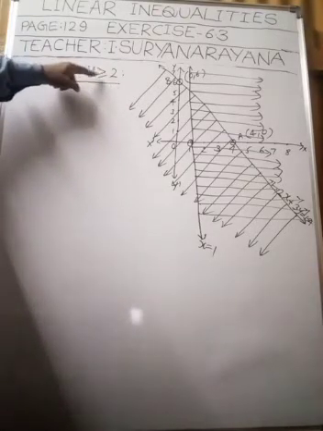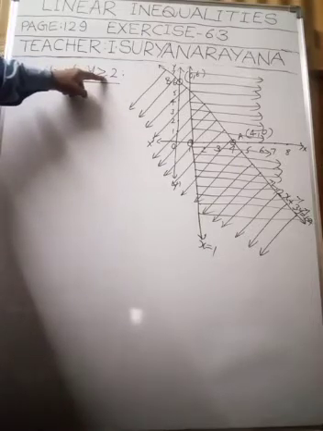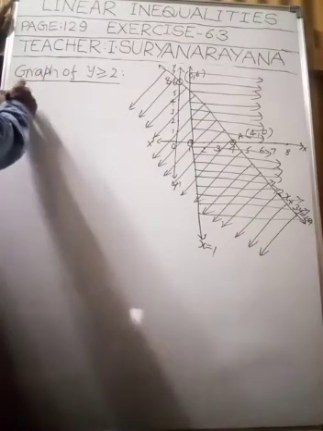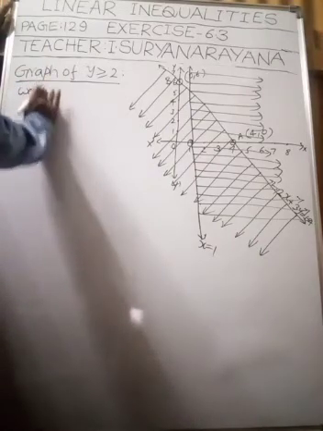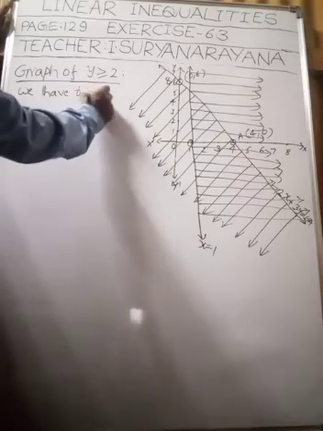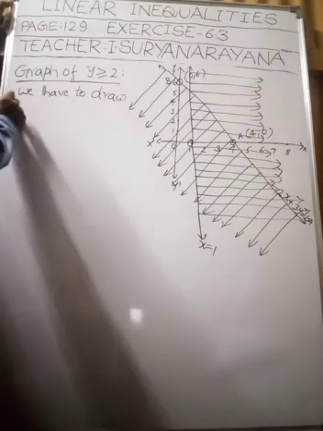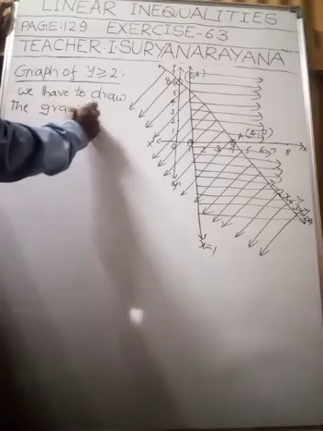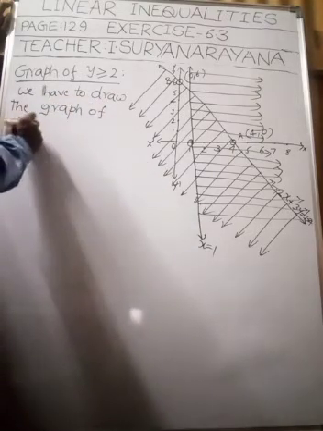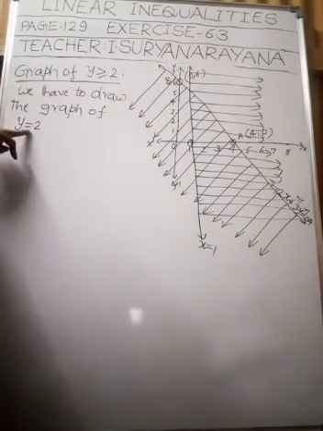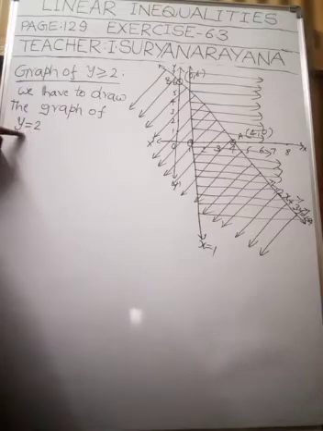So we have to draw the equation line. We have to write the equation. So we have to draw the graph. In the place of inequality sign we have to keep is equal to sign, then we get an equation.